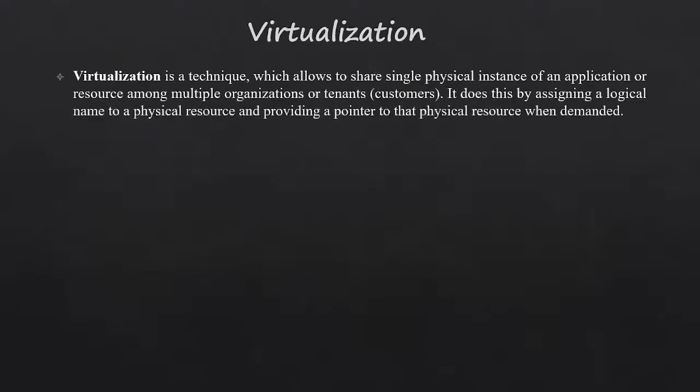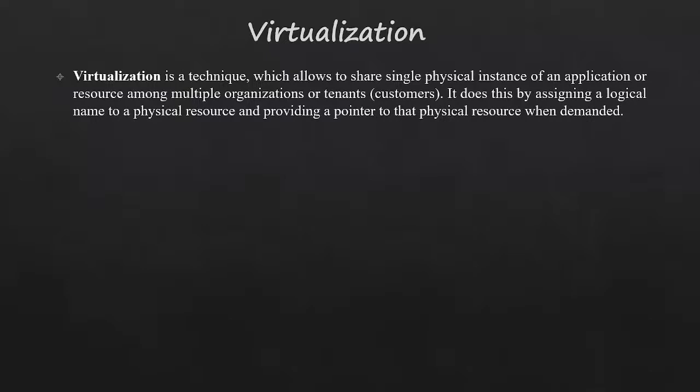The first one is virtualization, and it is basically a technology which allows sharing a single physical instance of one application or resource among multiple organizations or tenants. Tenants are simply the customers. Virtualization is sharing the physical instance across multiple instances, and it does it by assigning a logical name to the physical resource and providing a pointer.